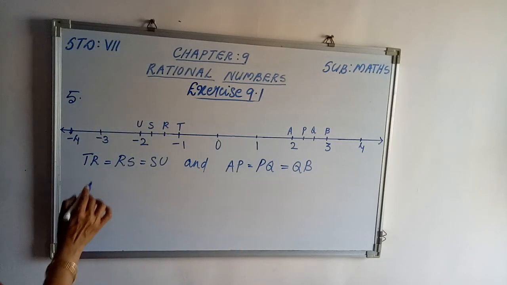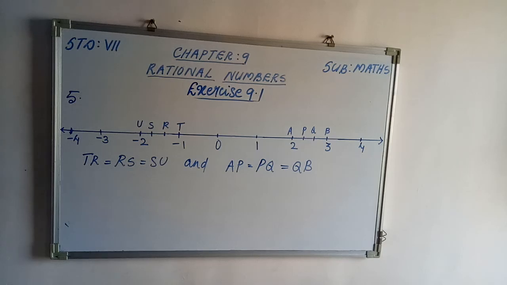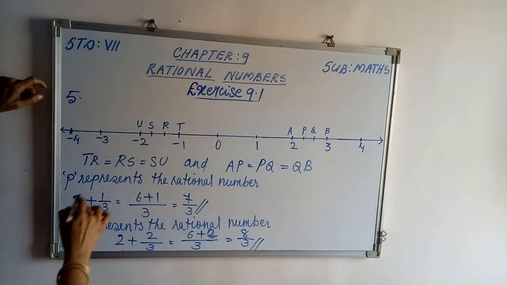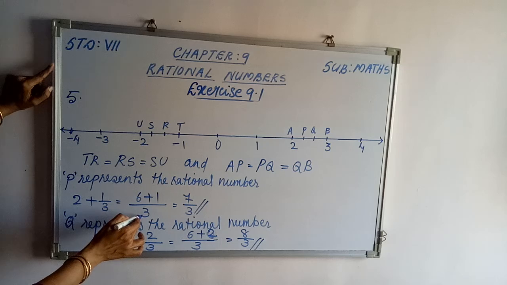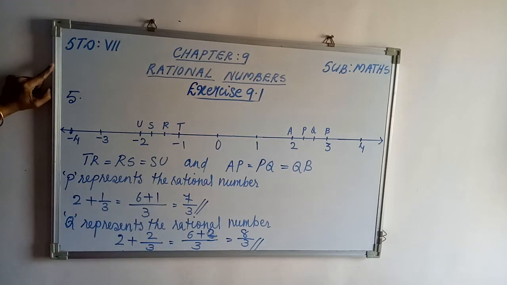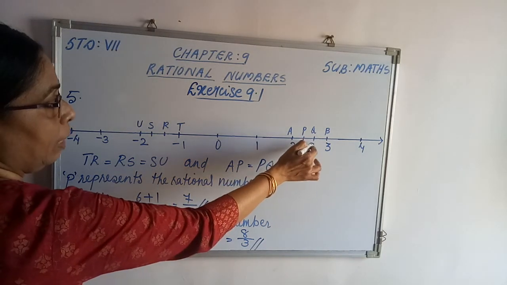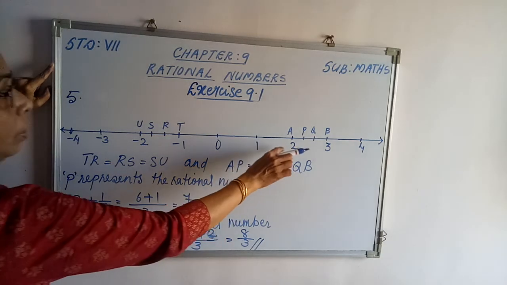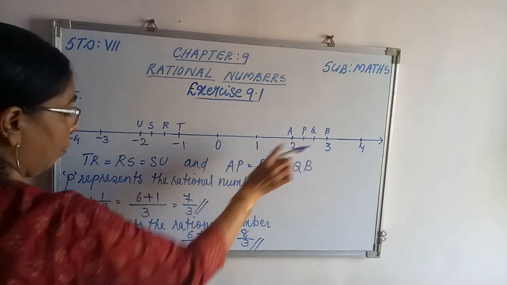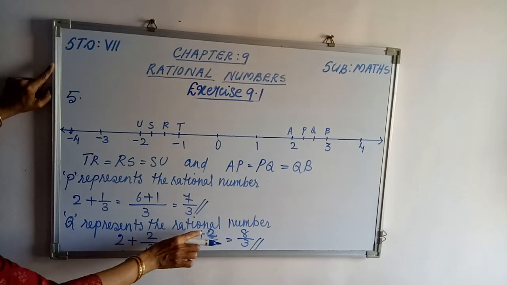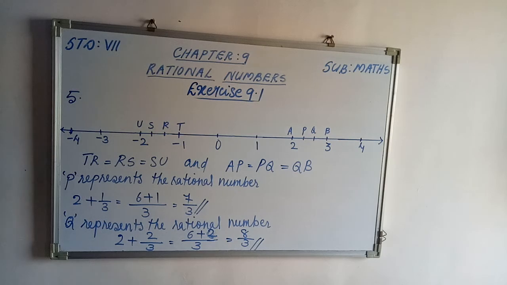So we can write that the letter P represents the rational number 2 plus 1 upon 3. 3 is the common denominator. 2 3s are 6 plus 1, 7 upon 3. Same way, Q is the second part out of these 3. So Q represents the rational number 2 plus 2 upon 3. 3 common denominator. Then 2 3s are 6 plus 2, that is 8 upon 3.